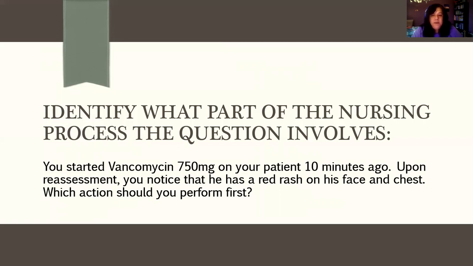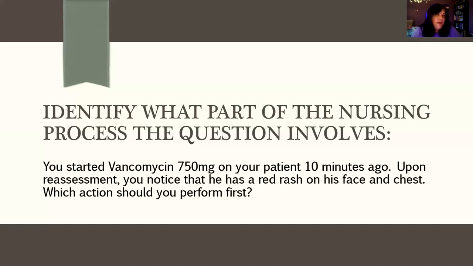Well, it's asking me, what am I going to do? So I assessed. I know from the planned outcome that when you give vancomycin too fast, the patient can have a bad reaction. I was going to say an allergic reaction, but it's a bad reaction. It's called red man syndrome.